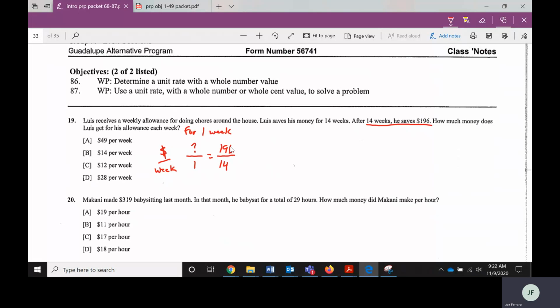Now we solve this the same way we've solved them in the past. We cross multiply and divide. This is easy multiplication.